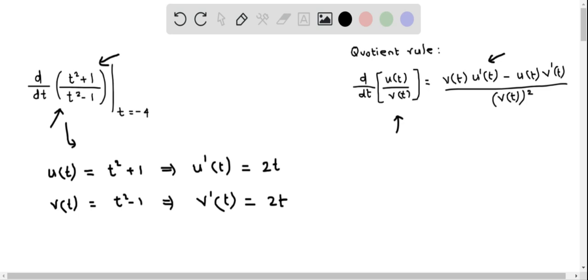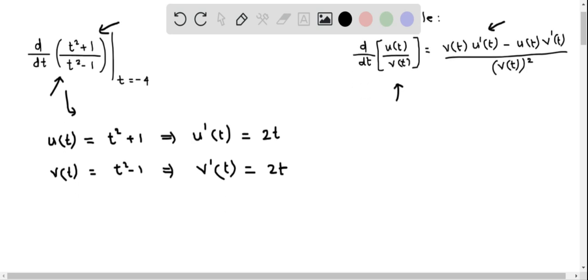Now we can apply the quotient rule. When we do that, we write down d by dt of (t squared plus 1) over (t squared minus 1). First, we will find this, and then we will evaluate it at t equal to negative 4.